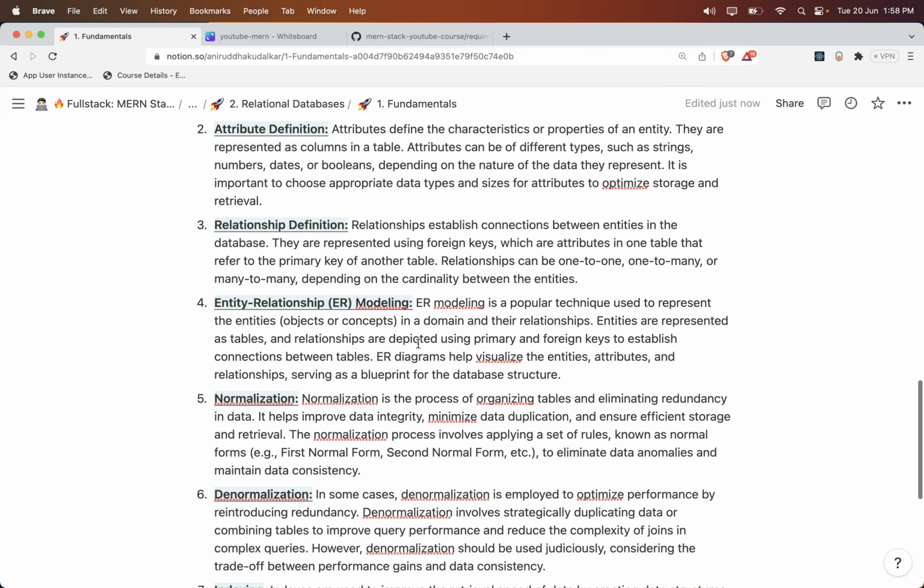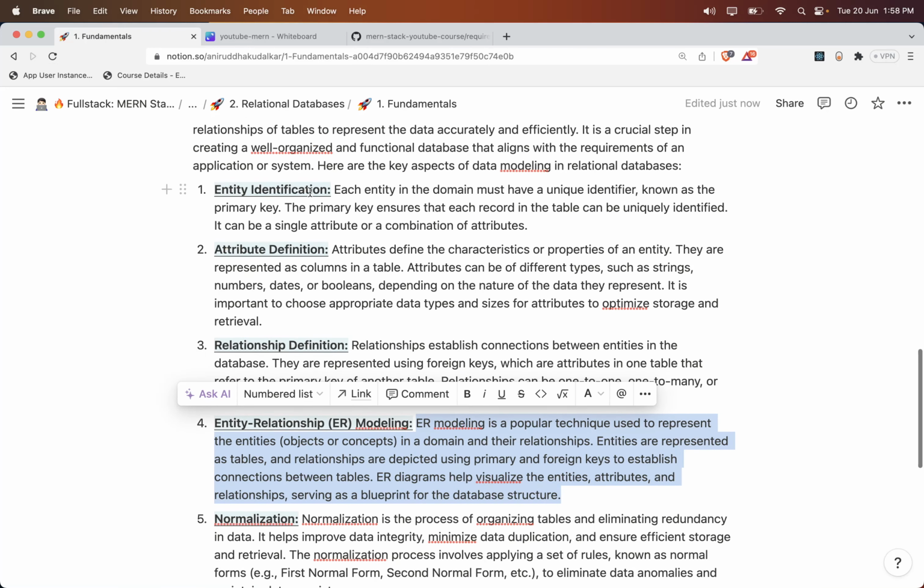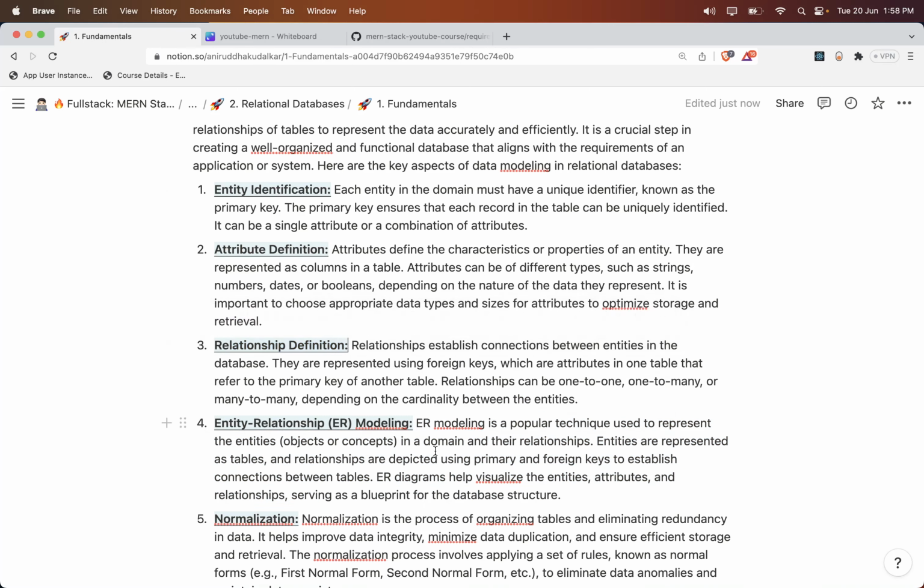That's the relationship definition. Now there is something called the entity relationship diagram, which is the next chapter actually. Here we draw whatever you have done: entity identification, attribute definition, relationship definition. We draw it visually, as an image, because if you write these things in text form, they might not be well understood by non-technical people.